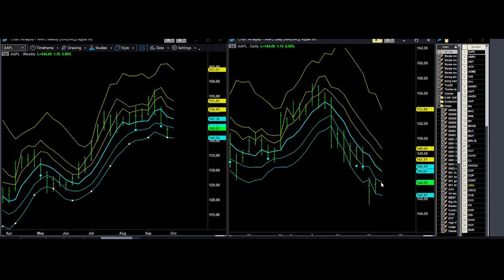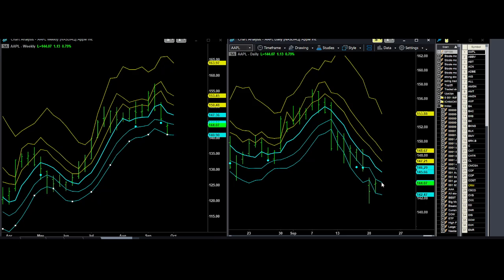You can see that even for tomorrow, the maximum value is about 144.15, and the minimum value is 142.4.